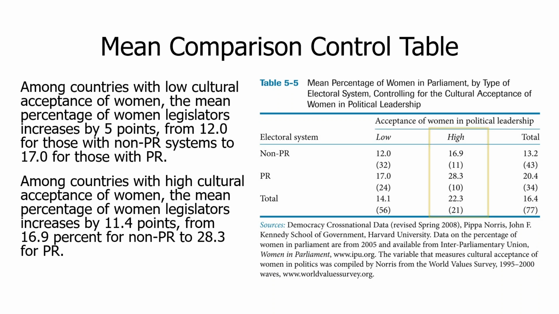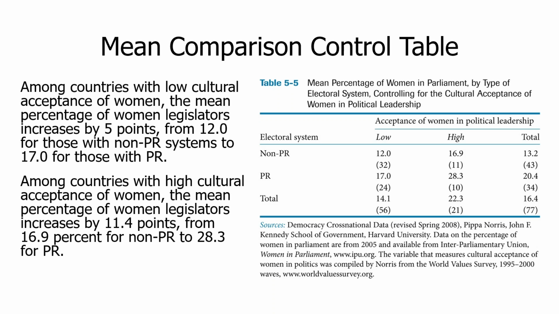With non-PR, on average, 16.9% of the makeup of their parliaments are women, about 17 points. And that increases dramatically to 28.3 points. So under conditions of high cultural acceptance, we go up about 11 percentage points, compared to about 5 percentage points here.